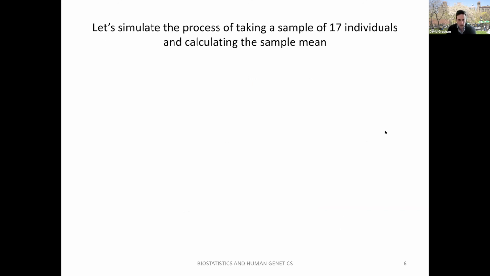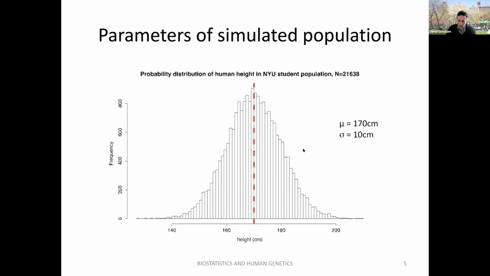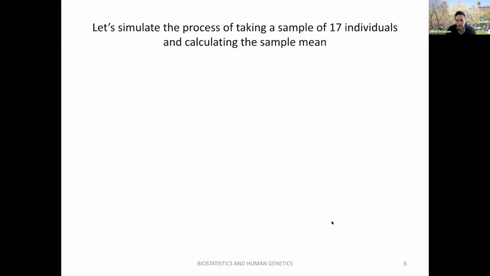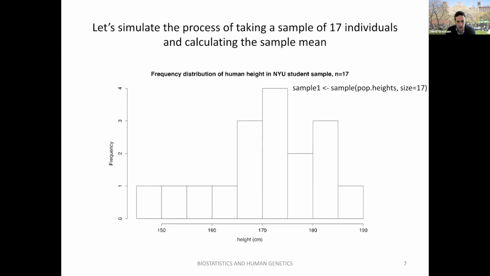And now we want to simulate the process of sampling from that population. We can do that very easily in the computer. This is much easier than if we had to do this in real life. We can just randomly take 17 of these individuals with probability defined by this distribution. We're going to sample those individuals, and then we can calculate the sample mean, okay? So here's my frequency distribution of those individuals.